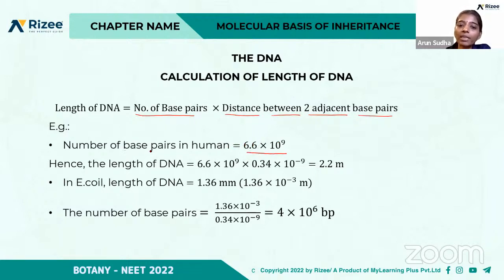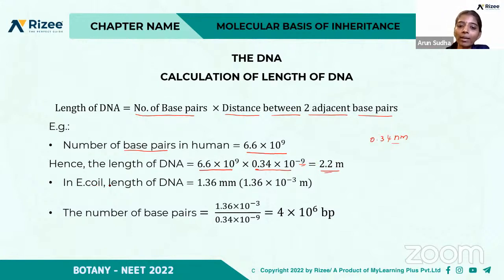The distance, we saw, is 0.34 nanometer between adjacent base pairs, which can be written as 0.34 into 10 power minus 9 meter. So the length of human DNA is approximately 2.2 meters.